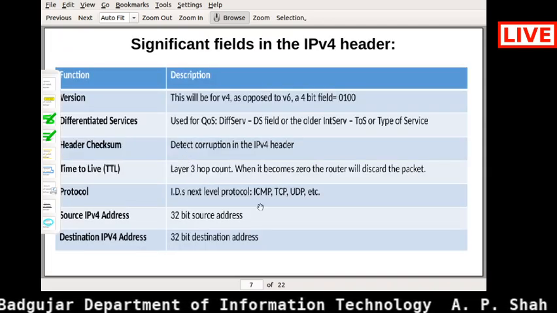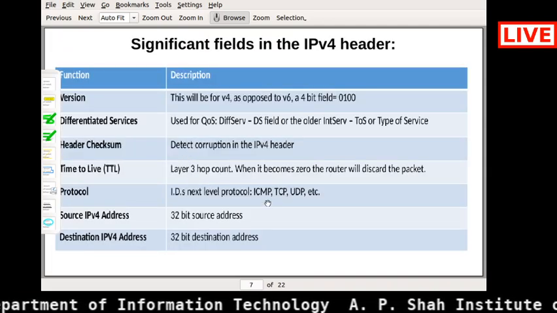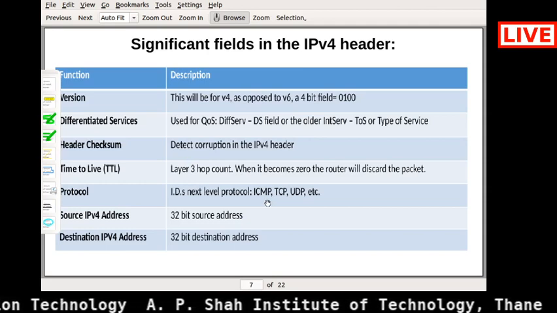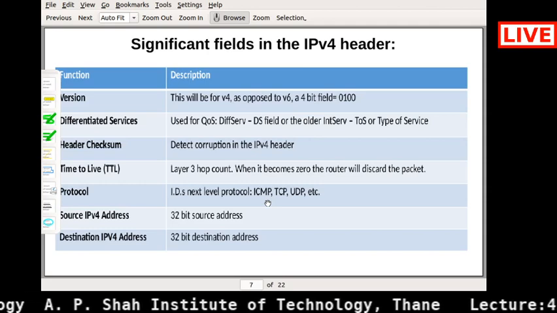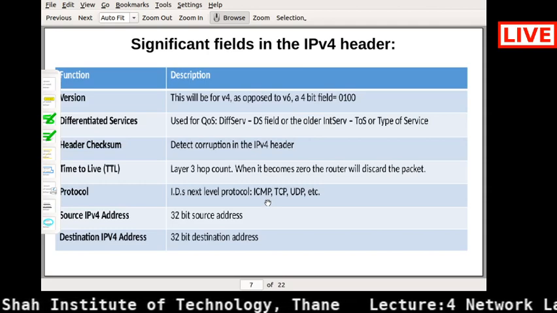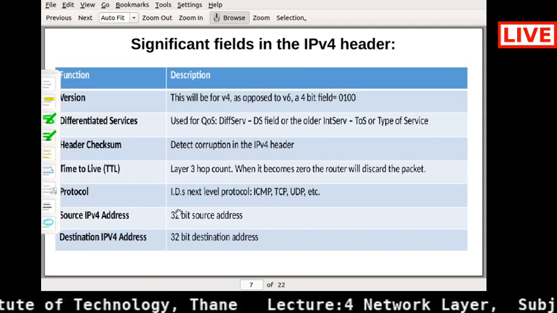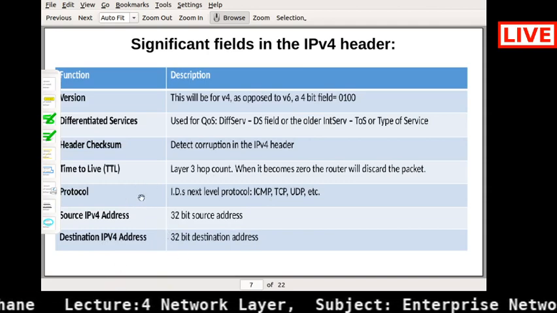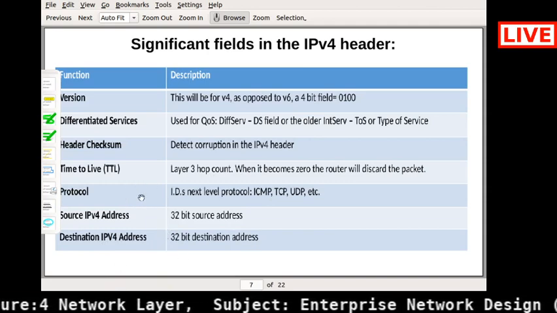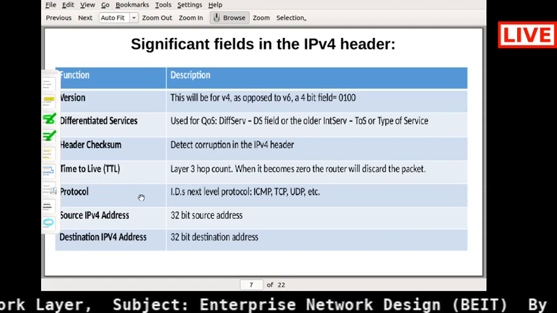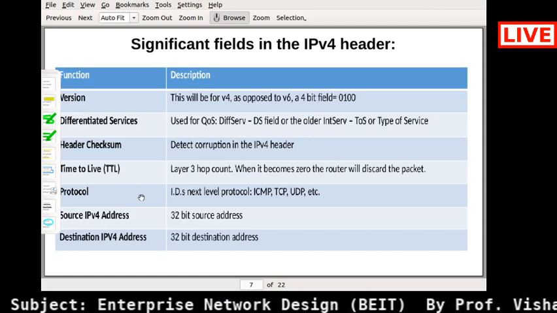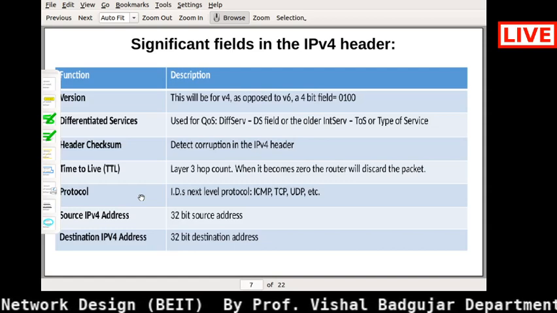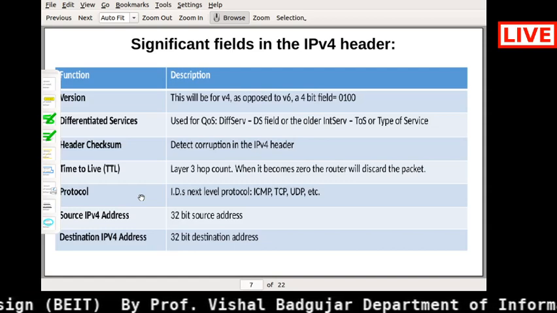So if you see the total fields and their descriptions: source IP address 32-bit, destination IP address 32-bit. There are different protocols under this: ICMP, TCP, UDP, connection oriented, connectionless. Then time to live is there, useful to measure the hop count.